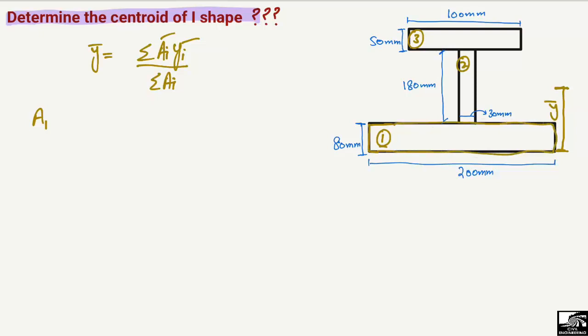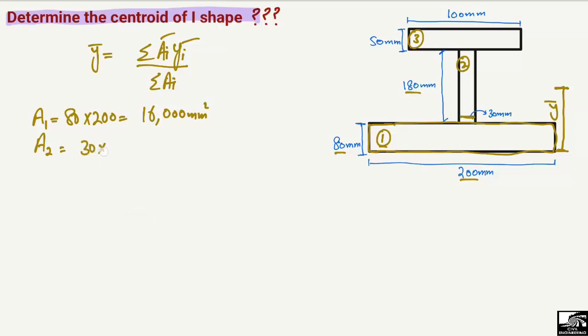How to find the area? We know the dimensions, 80 millimeter and 200 millimeter. So this is the area of the first object, which comes out to be 16,000 square millimeter. The area of the second object, similarly: 30 millimeter is the width and 180 millimeter is the height.